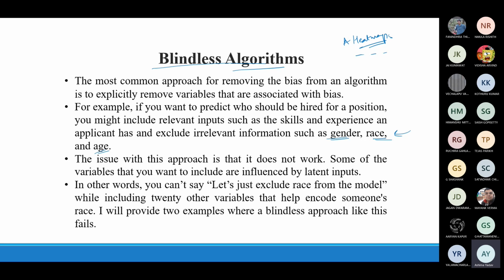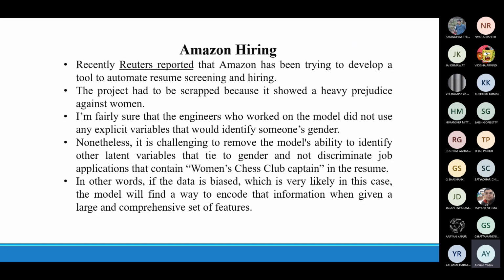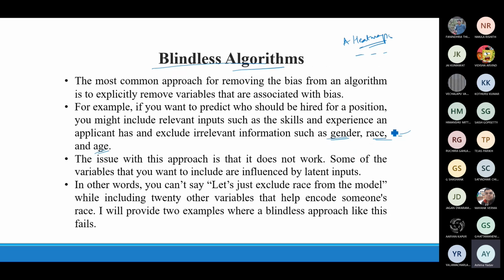But it might not be possible. Even if I remove all these variables, there might be certain variables known as latent variables. These variables indirectly affect the performance of the model by inducing bias in it. Maybe I plan not to include variables like gender, race, and age in my model because they might create bias.